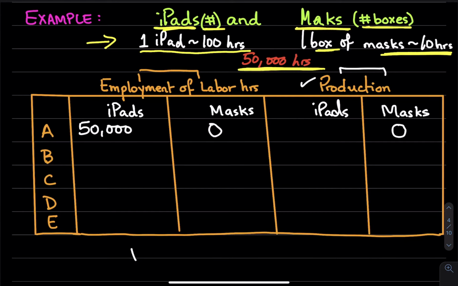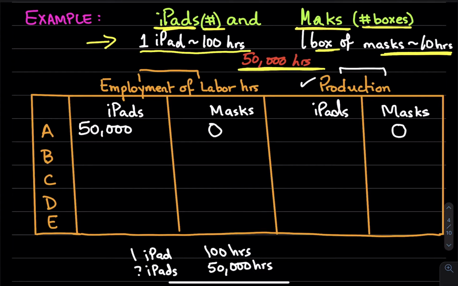For one iPad, we require 100 hours, right? And so we want to find out how many iPads we can produce given 50,000 hours.